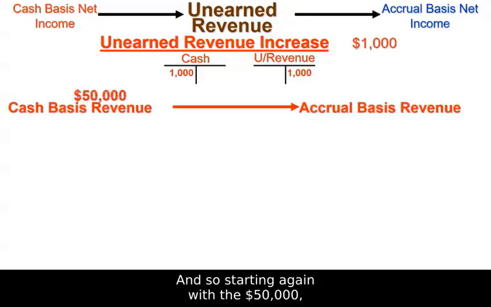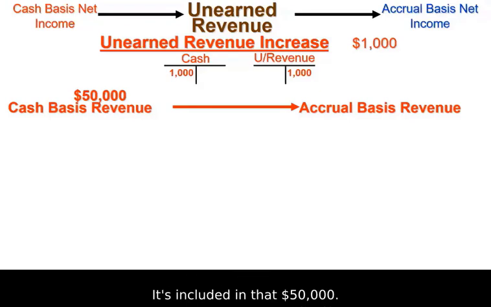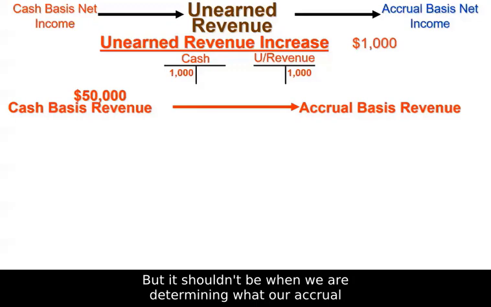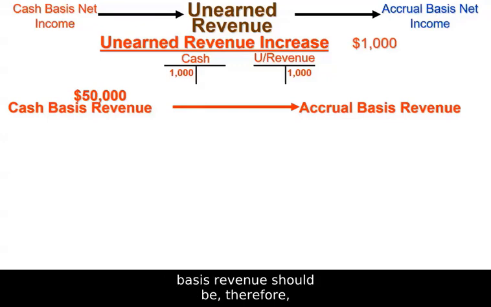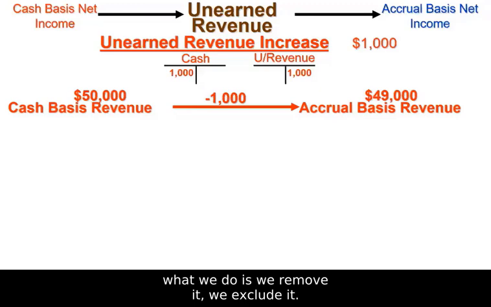And so starting again with the $50,000, in that $50,000 is this $1,000 of revenue. It's included in that $50,000, but it shouldn't be when we are determining what our accrual basis revenue should be. Therefore, what we do is we remove it, we exclude it, subtract it out to get to accrual basis revenue of $49,000.